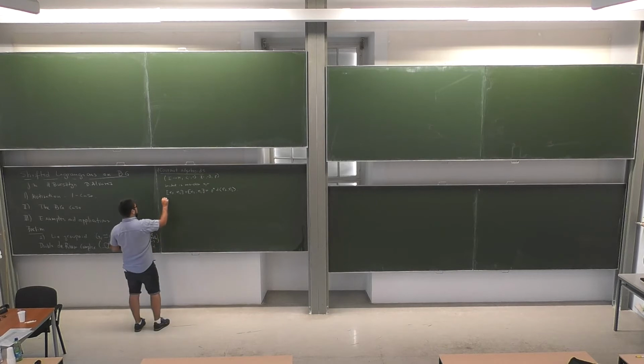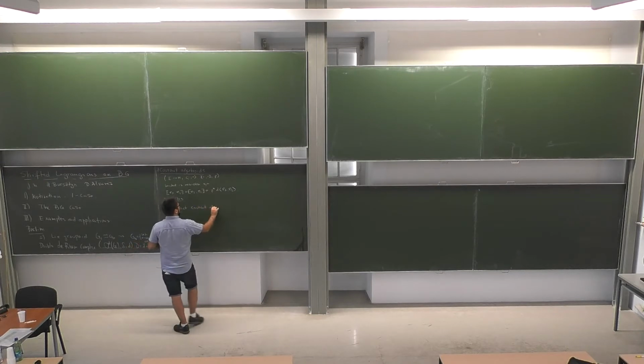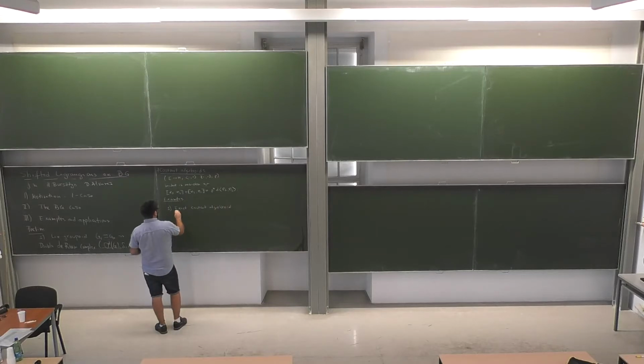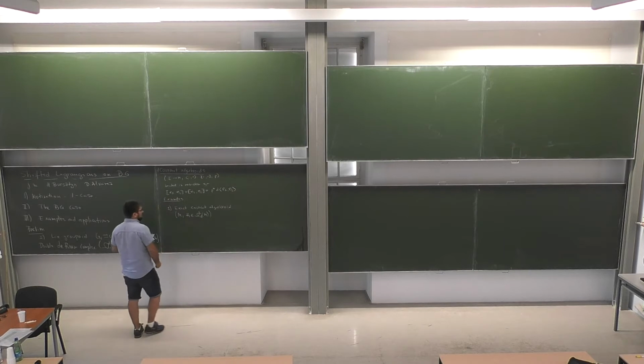And the only two examples that we will meet today is, one, what is called the exact Courant algebroid. Those are just: I have a manifold with a 3-form, and this 3-form is closed.